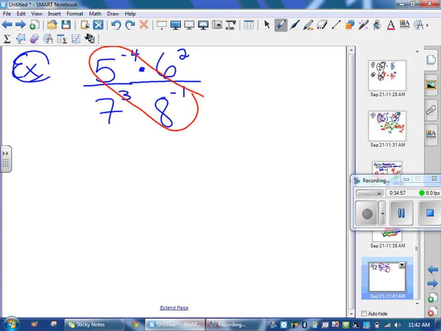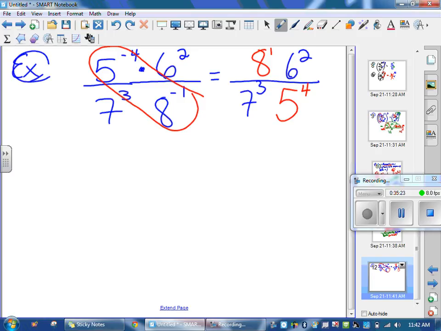The other ones don't change, they stay put. So my final answer: the 6 squared didn't change, the 7 cubed didn't change, the other ones did. So I'm going to have an 8, exponent positive 1, I can hide it if I like, and I've got my 5 exponent 4. That made my exponents become positive the minute I traded them places.